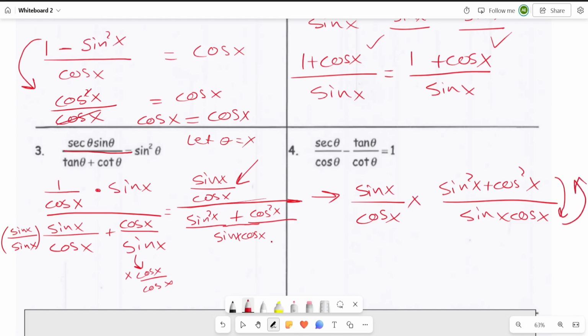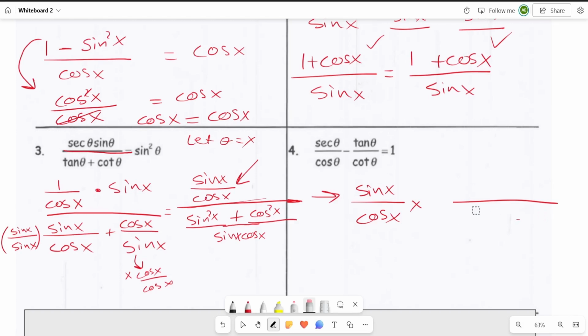What's on top becomes on bottom, and what's on bottom becomes on top. So I will make it a multiplication and then flip this whole thing.